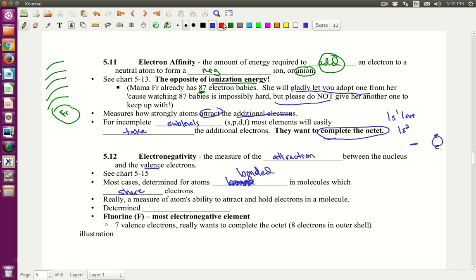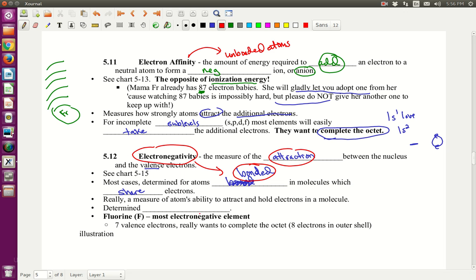So there's another difference. Electronegativity is very important, and it's talking about attraction between the nucleus and valence electrons, and it's talking about bonded electrons that are being shared. Affinity is talking mostly about unbonded atoms. And that's a difference, okay? Affinity is talking about unbonded atoms. Electronegativity is talking about bonded atoms and how much they're sharing their electrons.